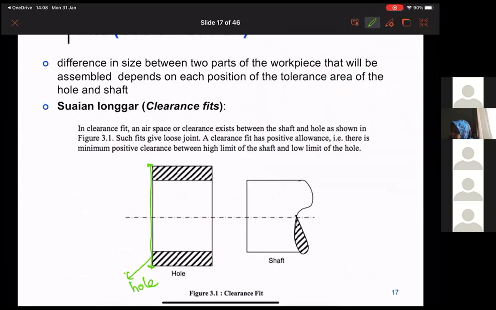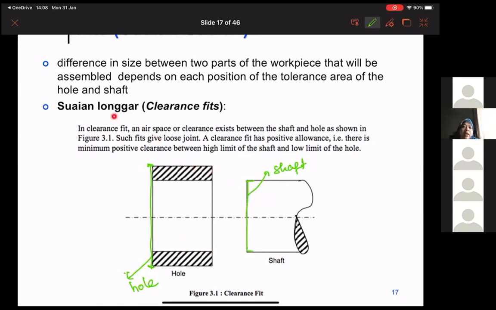Over here is the shaft. You can see that the diameter of the shaft is much smaller compared to the hole, so you can just put this inside and there's still some room.